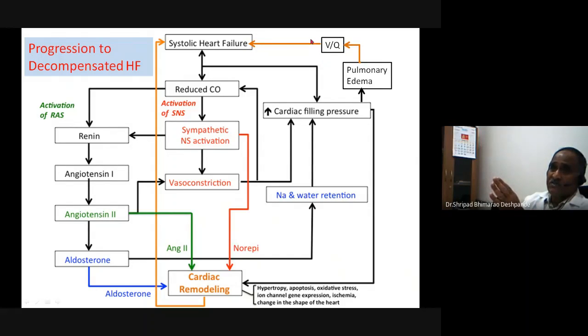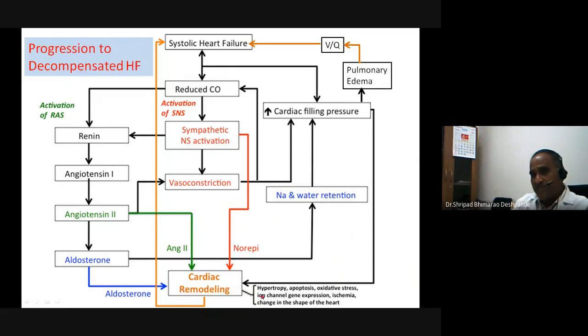So this will depress this, and these brown lines are inhibitory, so that will diminish the heart failure, and it will go into the decompensated stage. Now the cardiac remodeling, because of the thinning and replacement of the contractile sarcomeres with fibrous tissue, is not functioning, so that will decrease the heart function, and this would go on and on. So that would be the fate.